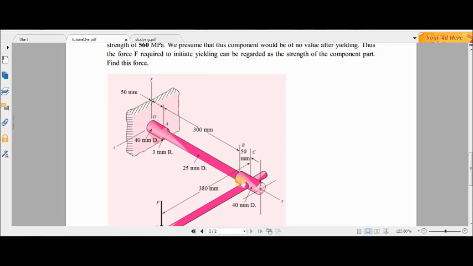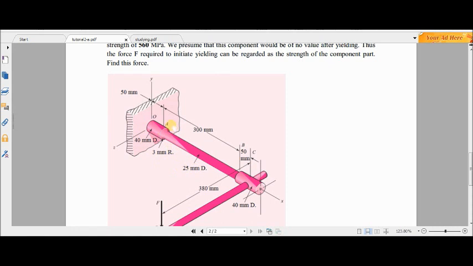So we can say that probably the maximum stress in this range will happen at point A, because the difference of the moment between A and O is very little, but the difference of the diameters is too much.